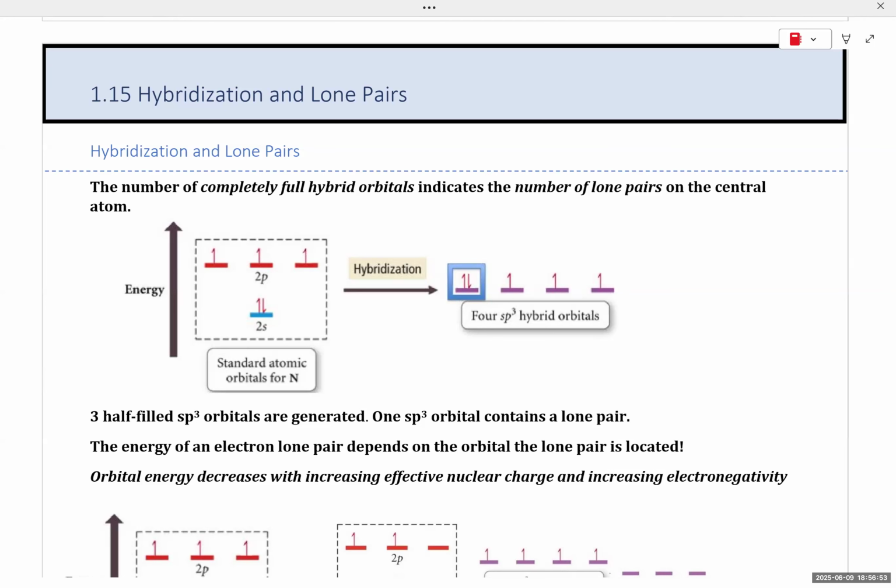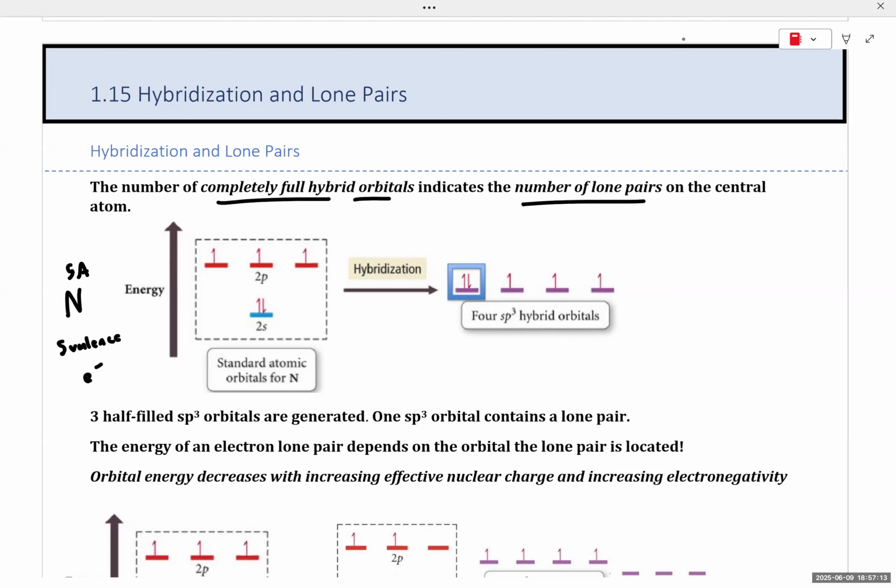When you look at the hybridization for a given atom, suppose we're looking at nitrogen, which is a 5A element, and it has 5 valence electrons. The number of completely full hybrid orbitals indicates the number of lone pairs on the central atom.